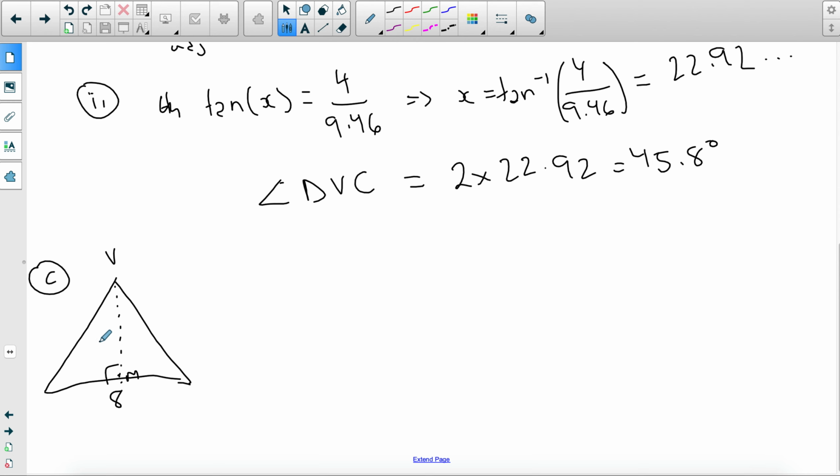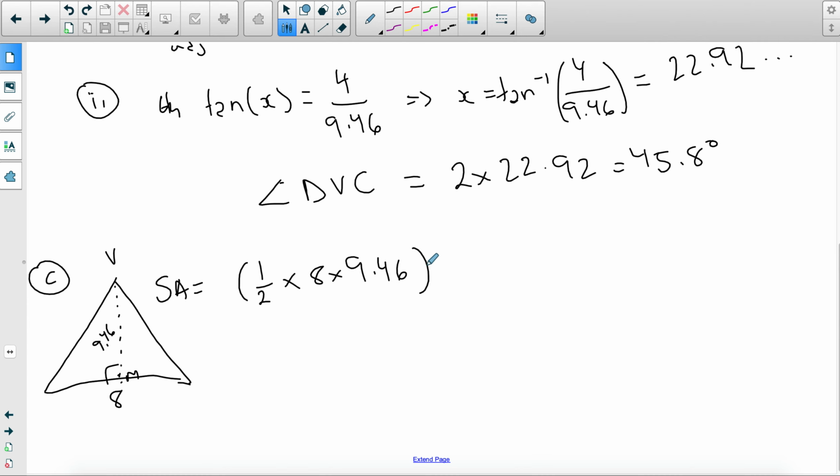So this was 9.46, and the base will be 8, and so the area of one triangle is half times the base, which is 8, times the height, which is 9.46.